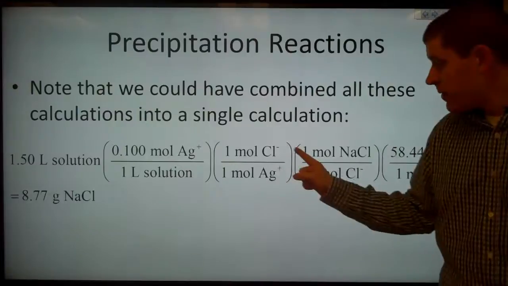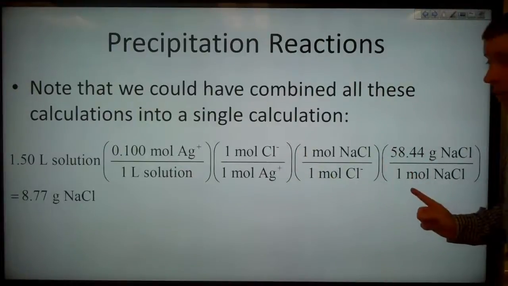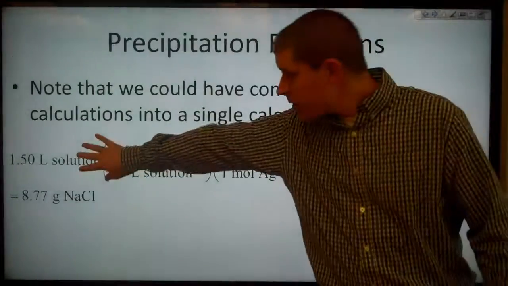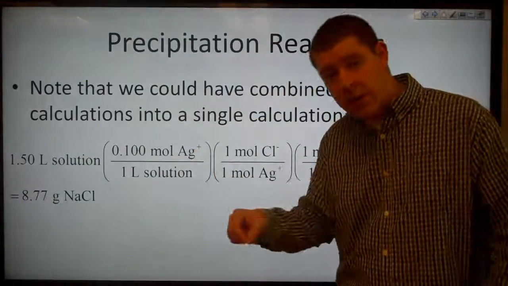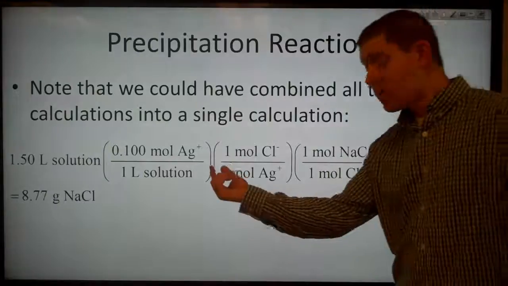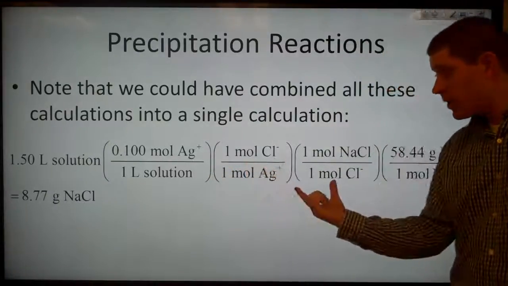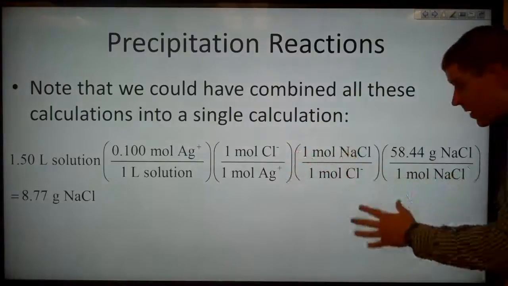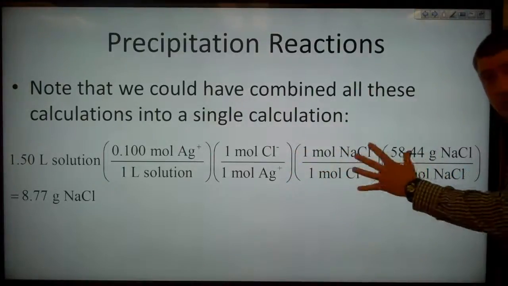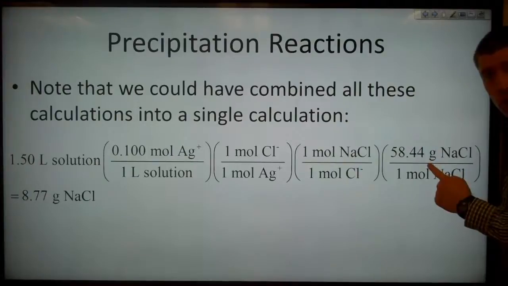know one of these intermediate numbers. Because if I plug this first calculation into my calculator and I write down the answer and I've rounded it, and then I plug in that rounded answer to my subsequent calculations. Now in this case, you're just multiplying by 1 for these two, so it's not going to matter, but you'll still have that rounded number times this 58.44.